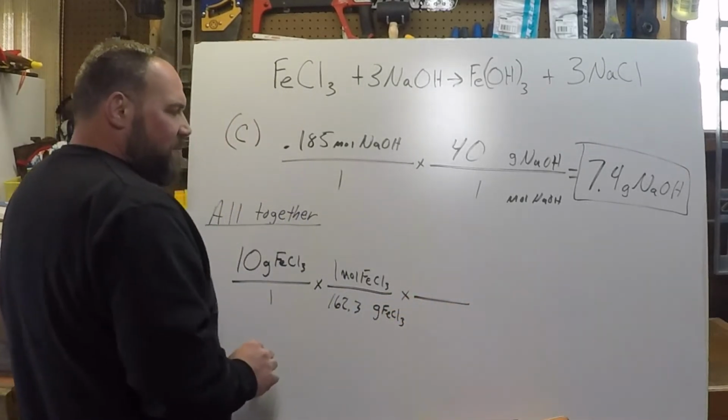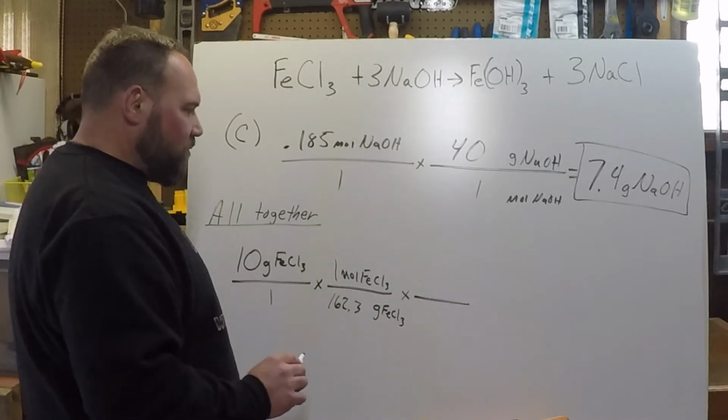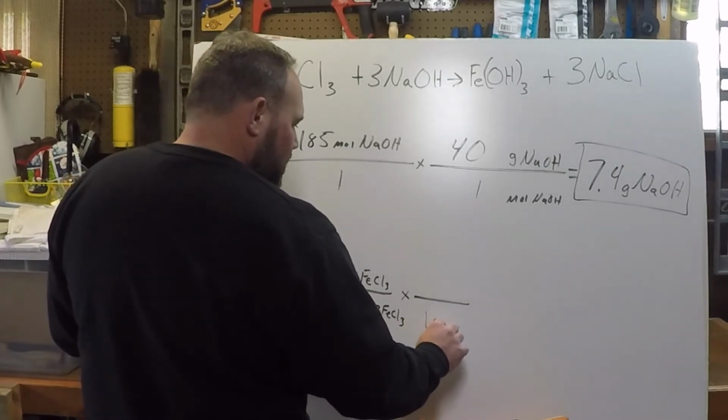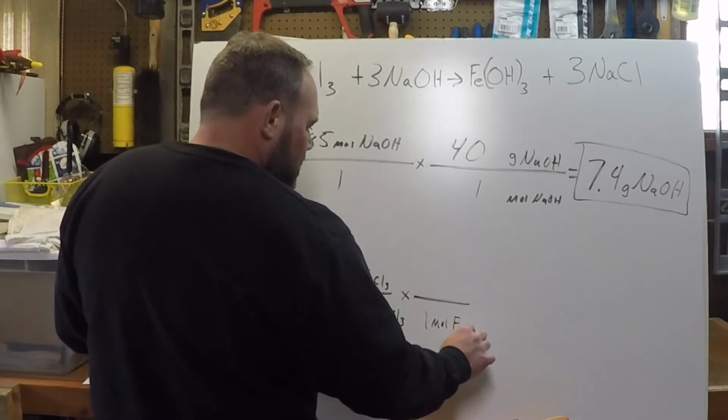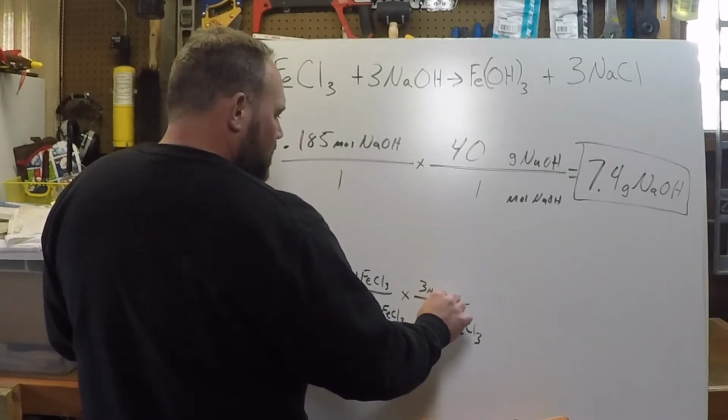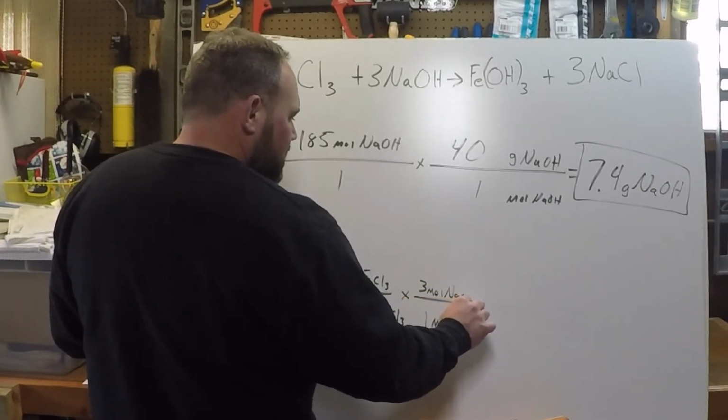Then we put step B in there, that mole ratio. So for every 1 mole of iron chloride, we need 3 moles of sodium hydroxide.